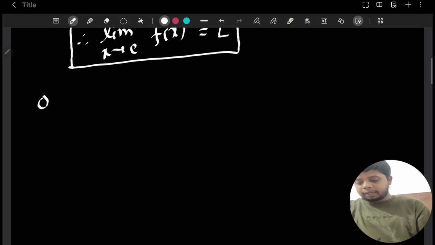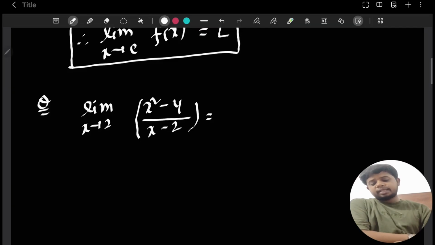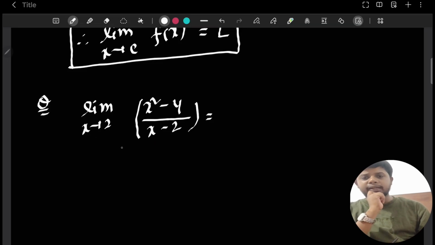Let's say I want limit x tending to 2 of (x square minus 4) by (x minus 2). You'll say, sir, this question has no sense. I'll say, why? You'll say, sir, you are trying to find something that is not in the domain of the function. I'll say, yes, you are absolutely correct.